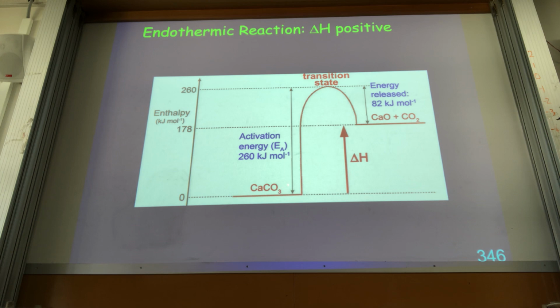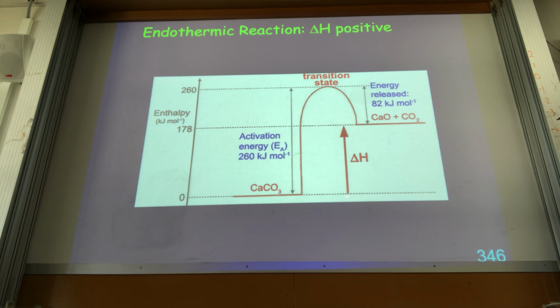So we've got an activation energy of 260, so that's the height of the initial hill. Then we know that 82 kilojoules gets released when the new bonds form. So we're going to come down 82 from 260. 260 minus 82 is 178. So that's going to be the final level of the product.